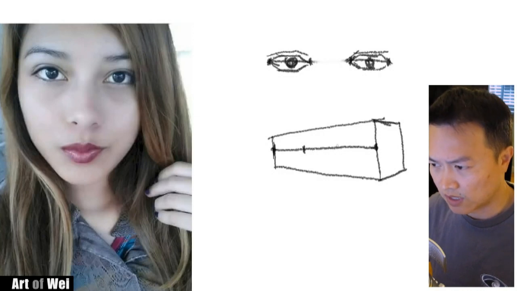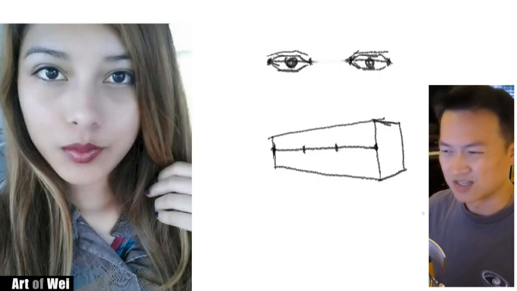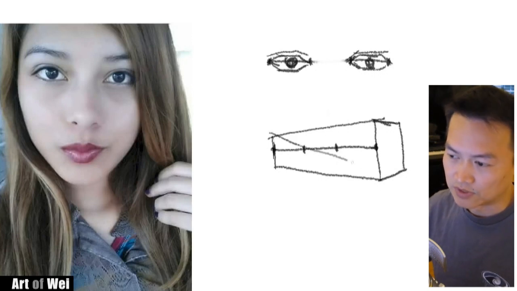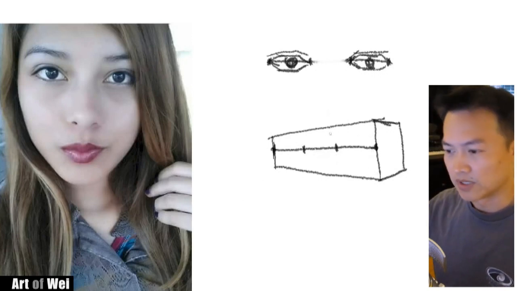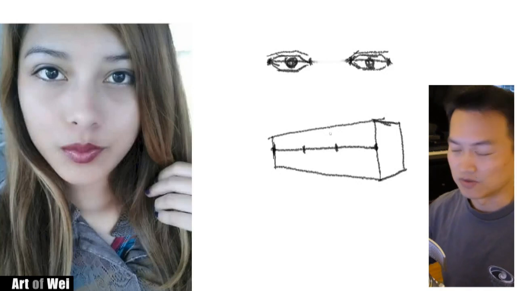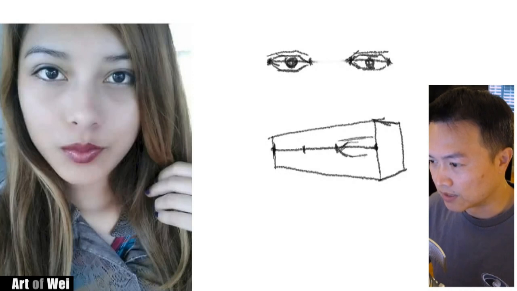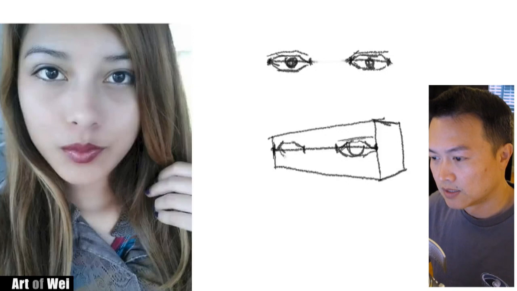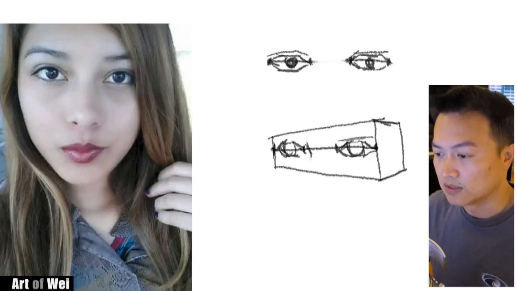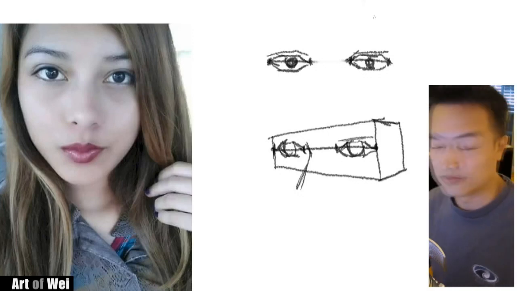I'm just going to try to eyeball it. It'll probably be something like that in perspective. Now we can measure this if we start dividing up the space, but it's a little bit too technical for this kind of stuff anyway. So this would give you a very good, very basic placement for the eye. And then here's the nose and all the other good stuff.